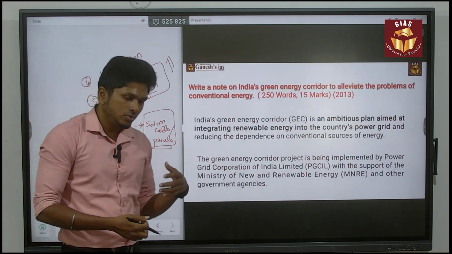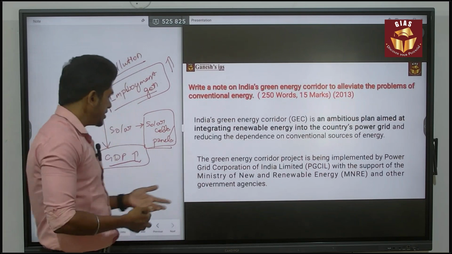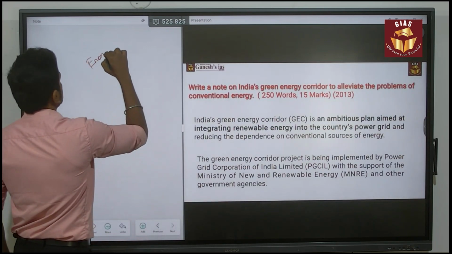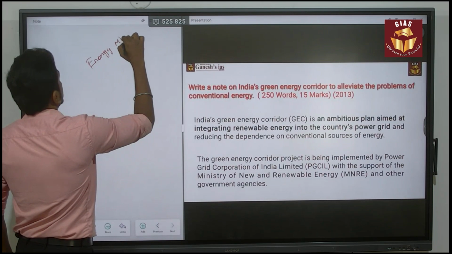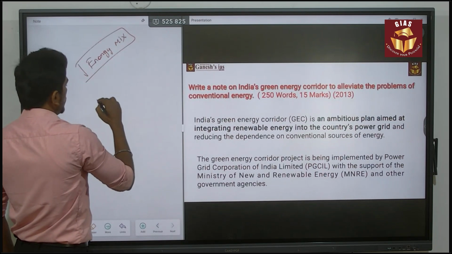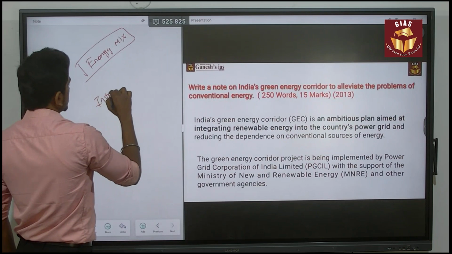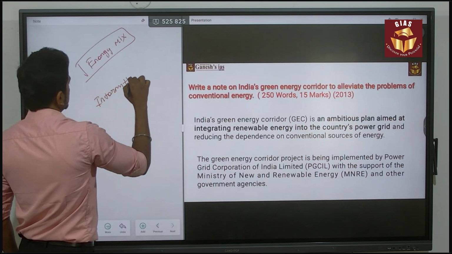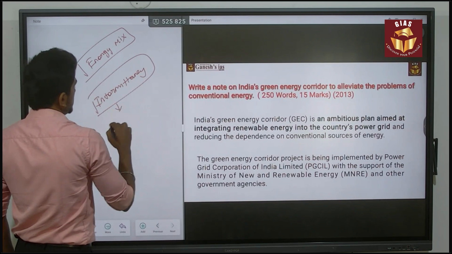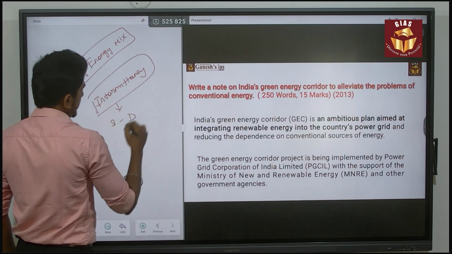But even though we are doing all this, there are certain negatives about the energy mix. The first major issue with renewable energy is intermittency, which means that solar energy is only available at daytime.